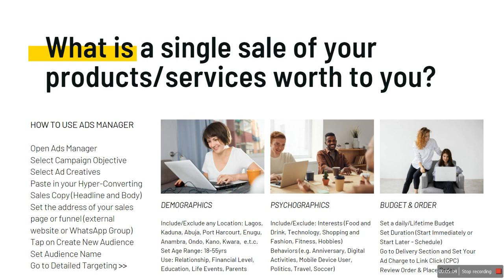Okay, when you have your campaign objectives settled, the next thing is you need to select your ad creative. Your ad creative is the image you created for these ads, and if you followed the first video, you will understand better. The next thing is your hyper converting sales copy, which includes the headline and the body.